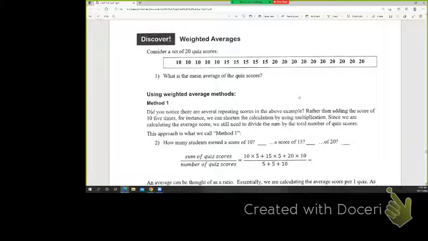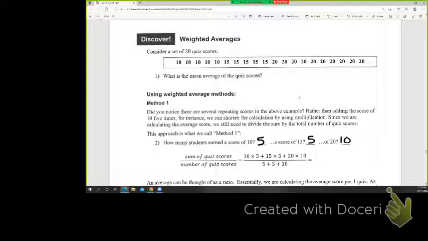So if I group them together, then I see that there are 5 10s, and there are 5 15s, and there are 10 20s. Now, we do not just go 10 plus 15 plus 20 divide by 3, right? Because it matters how many people had each number.